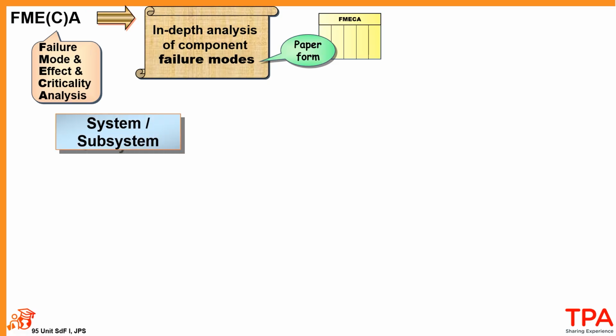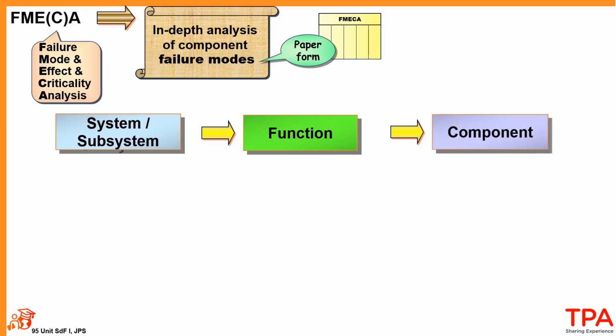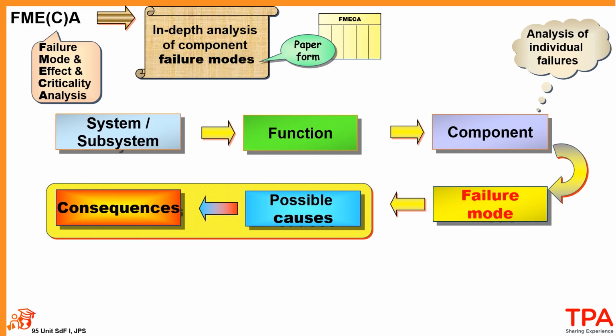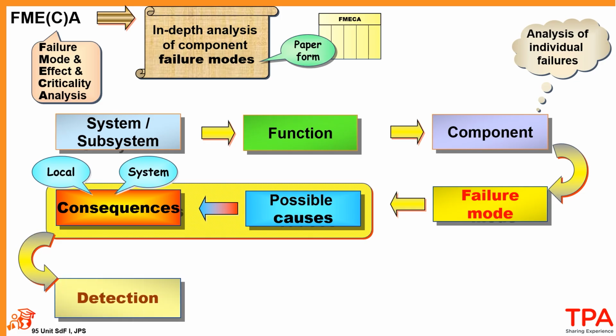The system and subsystem under analysis, the function achieved by this subsystem, and the component under analysis. Then each failure mode is considered, in order to identify the possible causes and consequences. Both consequences at local and system levels have to be identified. Again, verifying that the relevant detection means are available is of utmost importance.